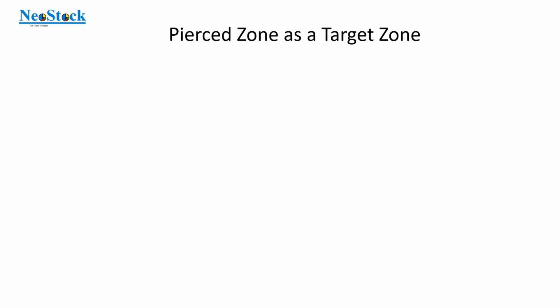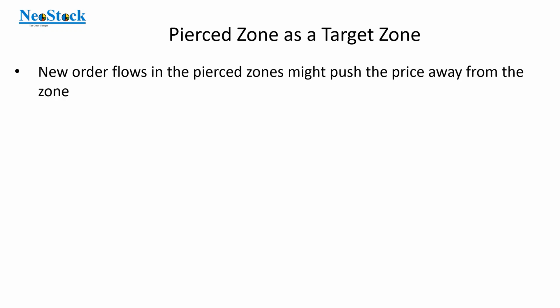Why? Because new order flows in the pierced zones might be strong and they push the prices away from the zone. They will not let the prices violate the pierced zone, the new order flows. That is the reason. If you don't book the profit, what will happen?